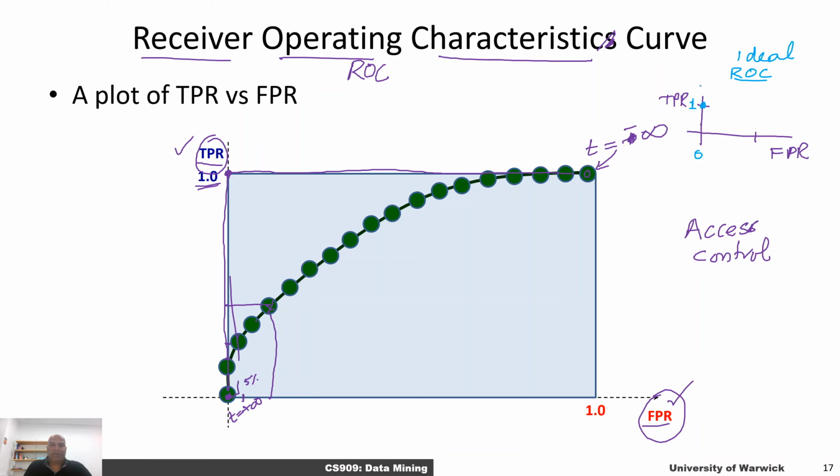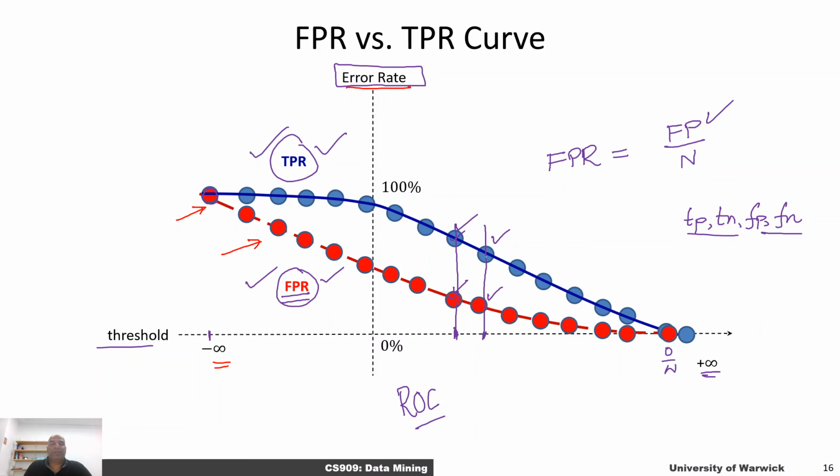And since we have discussed this earlier as well, if you have a classifier and you plot its false positive rate and true positive rate across different threshold values, both the false positive rate and the true positive rate are monotonically non-increasing functions of the threshold.